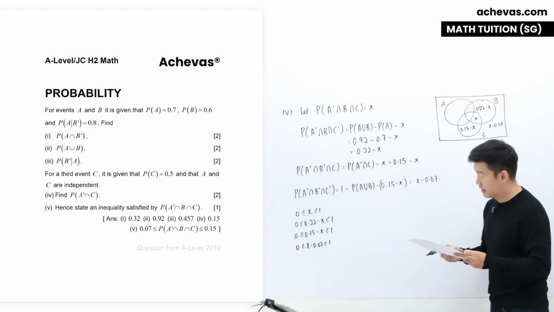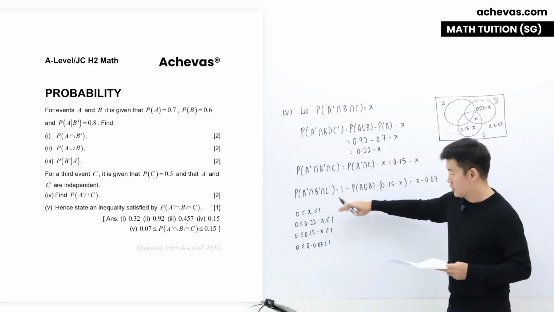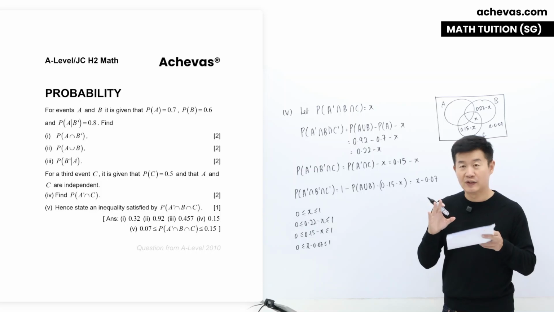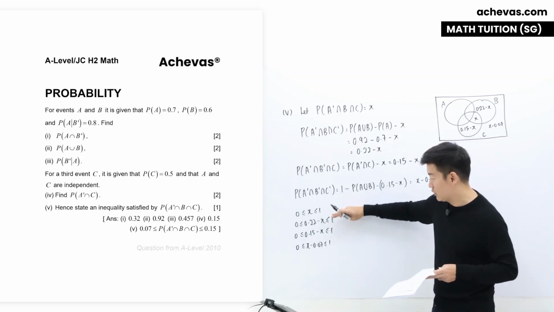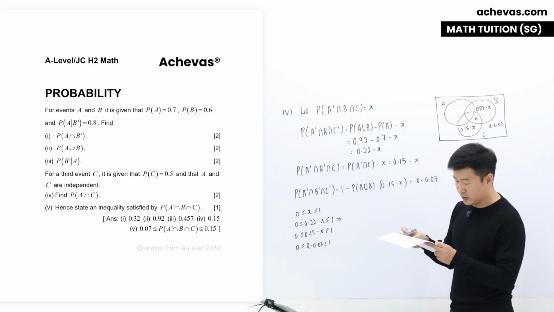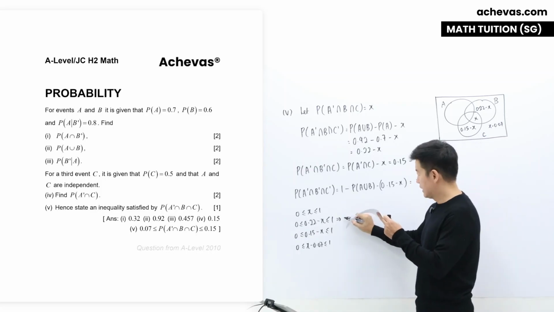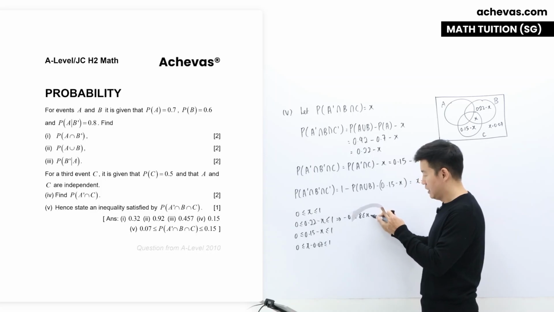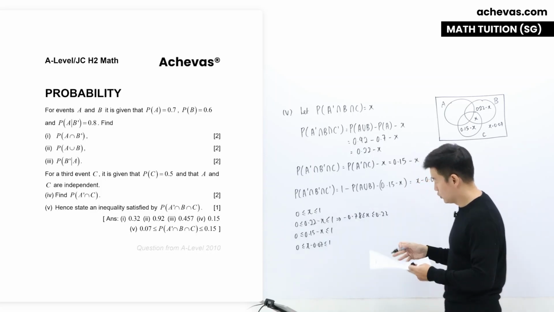Let's manipulate the inequalities so that we know what conditions X must satisfy. It must satisfy all of these. For this one, I'll let it be. For this, we can do a small tweak, rewriting this as X between negative 0.78 and 0.22.